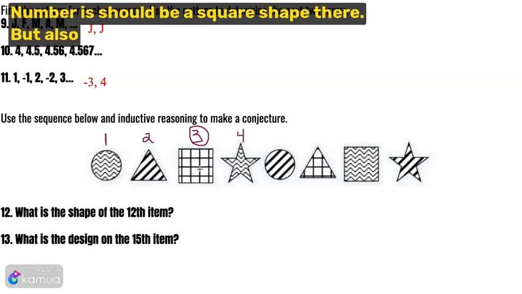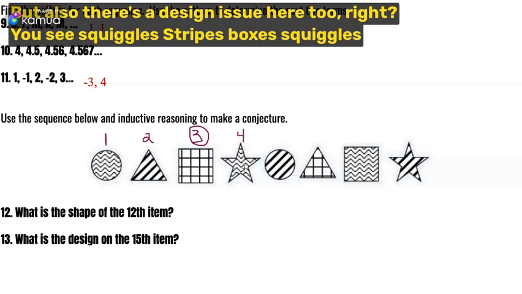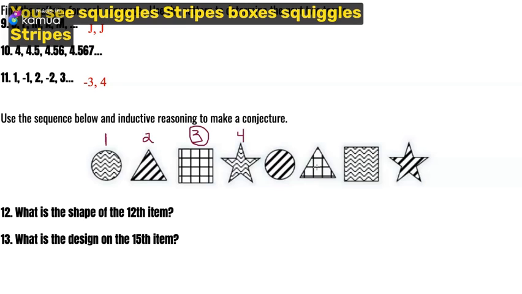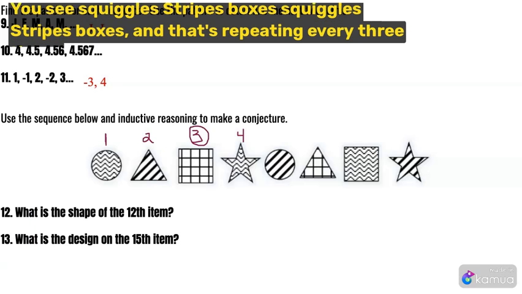But also, there's a design issue here too, right? We see squiggles, stripes, boxes, squiggles, stripes, boxes, and that's repeating every 3 times.